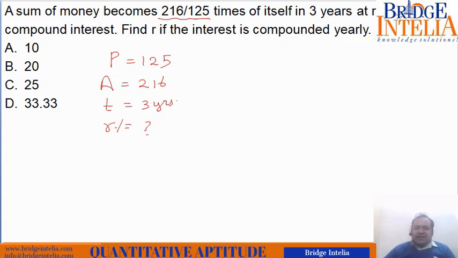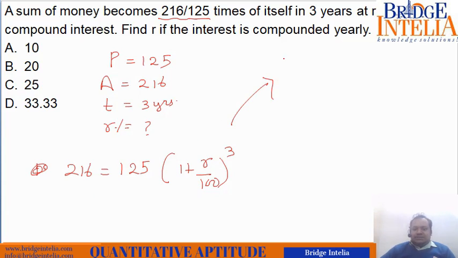So let's substitute these values. So 216 is equal to 125 into 1 plus R by 100 whole cube. So if you solve this, 216 by 125 is equal to 1 plus R by 100 whole cube.